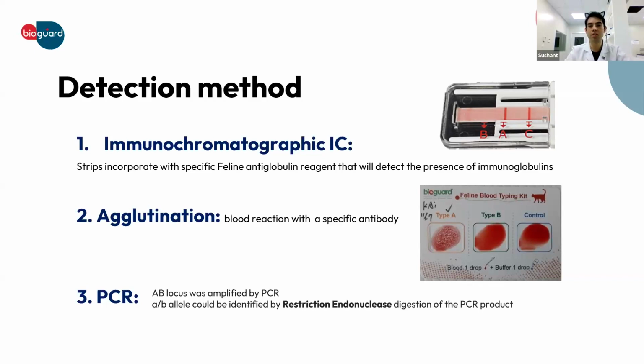After that, how will you identify whether it's the A locus or the B locus? You need to do a restriction endonuclease digestion of the PCR product. For example, one kind of restriction enzyme can only cut the A locus.